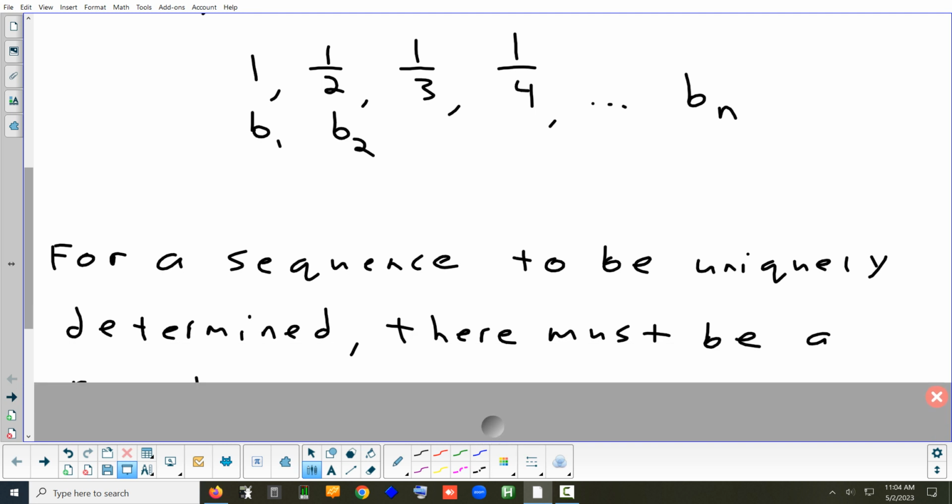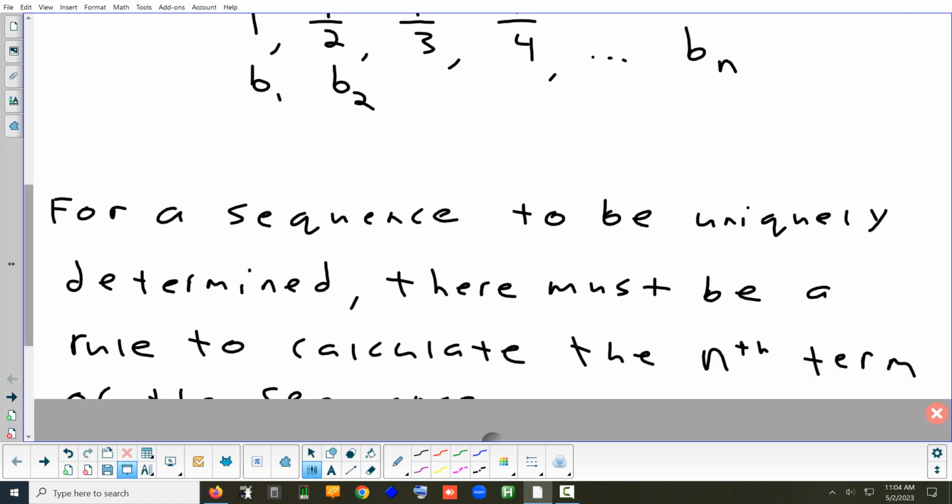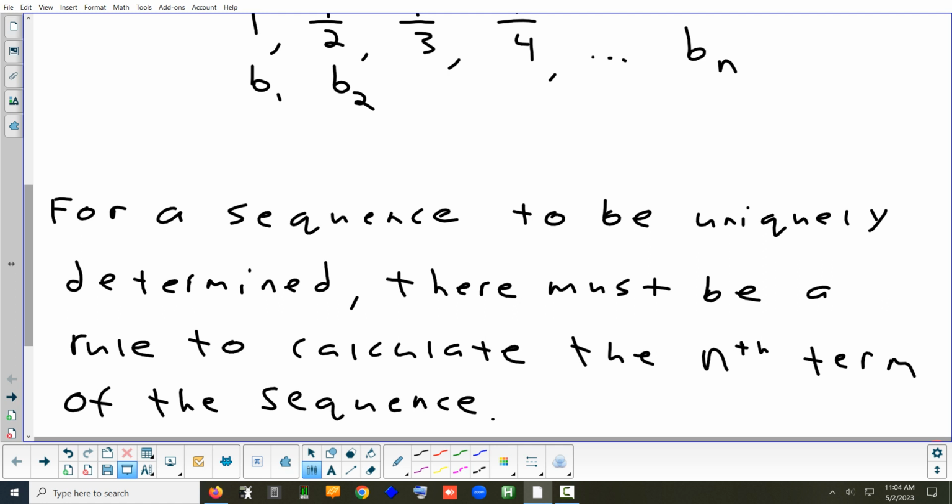So in order for a sequence to be unique, like not the same as something else, there has to be some rule for calculating the terms of the sequence. If you have what you think are two different sequences, but they use the same rule for finding terms in the sequence, then they're the same thing.